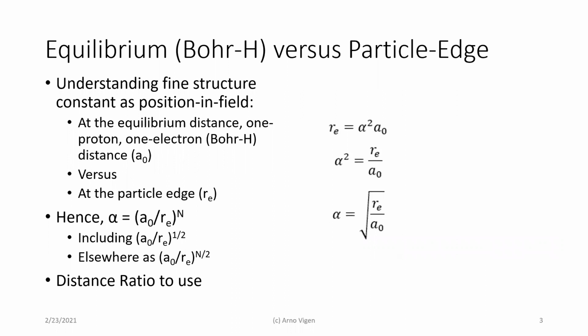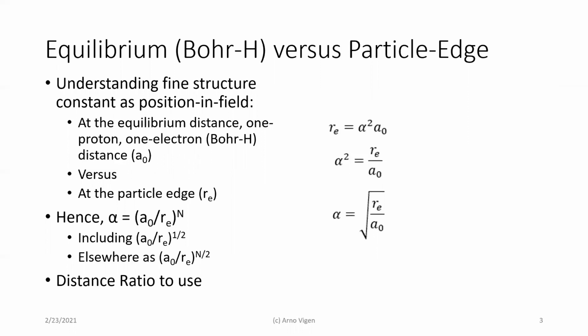Now, all of this requires an understanding of the most important thing in subatomic physics, and that is the equilibrium. That is the Bohr hydrogen, which is 1 electron and 1 proton, settling at a distance of Bohr radius.